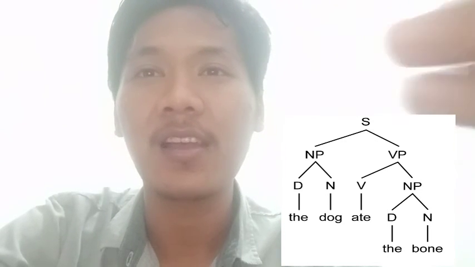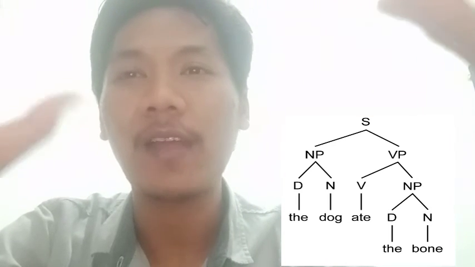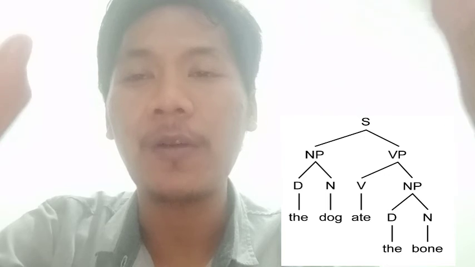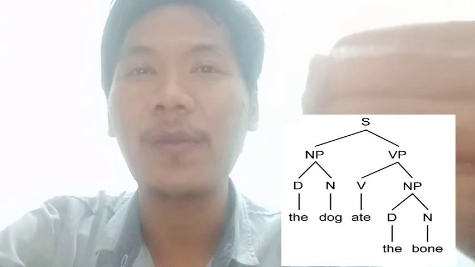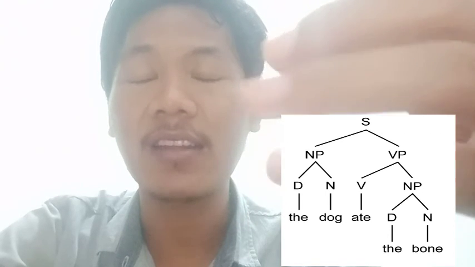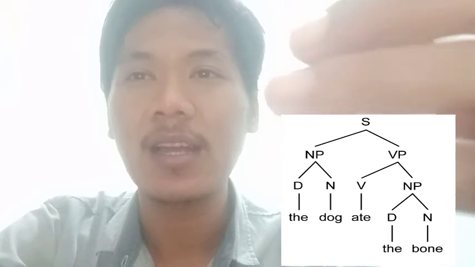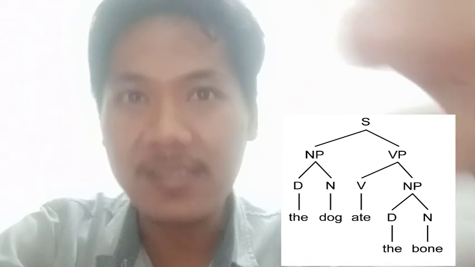The predicate is more complex as it consists of both a verb and a noun phrase. The verb is ate, and the noun phrase is the bone, the article and bone as a noun.